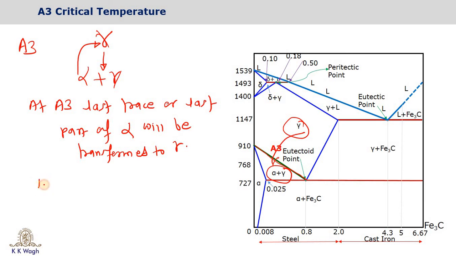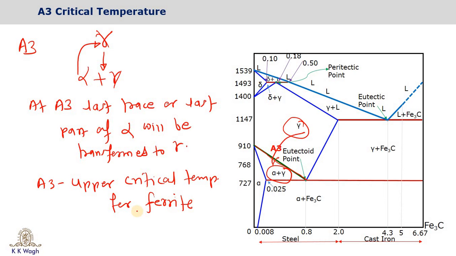That's why A3 is called the upper critical temperature for ferrite. Getting it? So A3 is the upper critical temperature for ferrite.